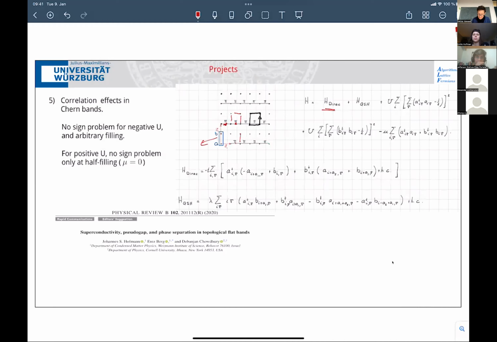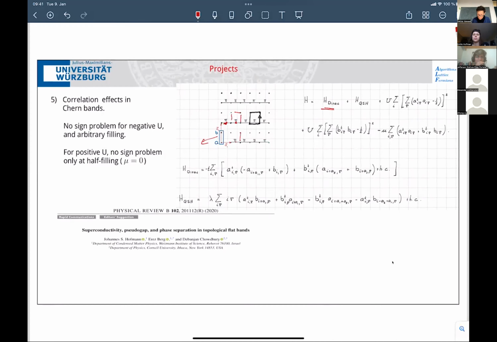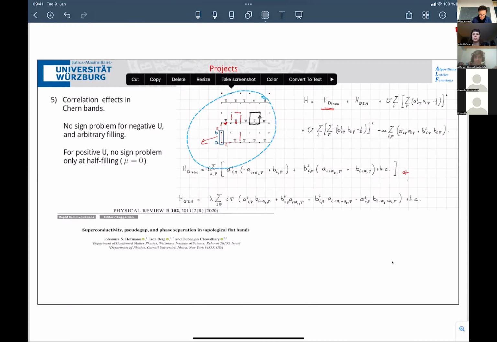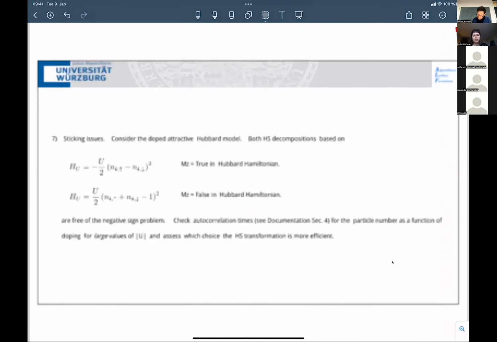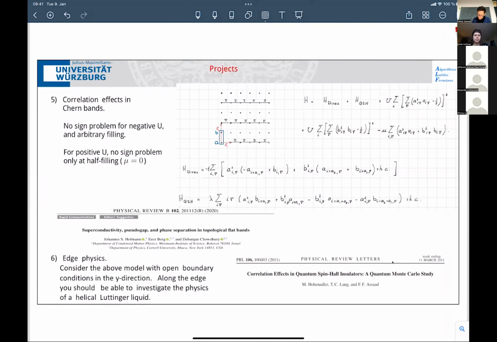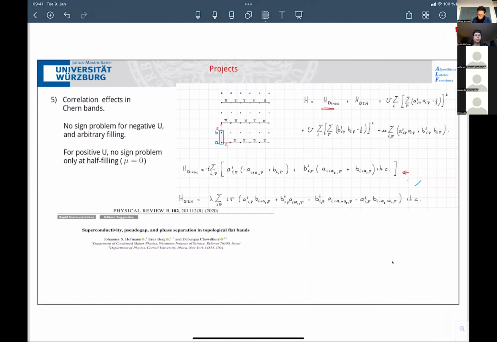So this H Dirac is essentially what I wrote here. Now, what you would like to do is to generate out of this Dirac system a topological insulator, a quantum spin Hall insulator. And so the quantum spin Hall insulator is a mass term, if you want, in a Dirac system in the continuum. And this is a generalization of, so you maybe know the Kane-Mele model.